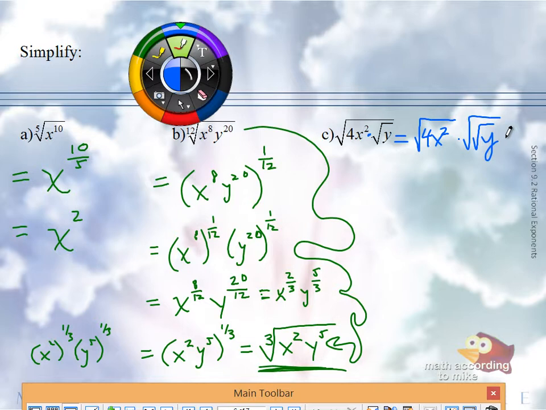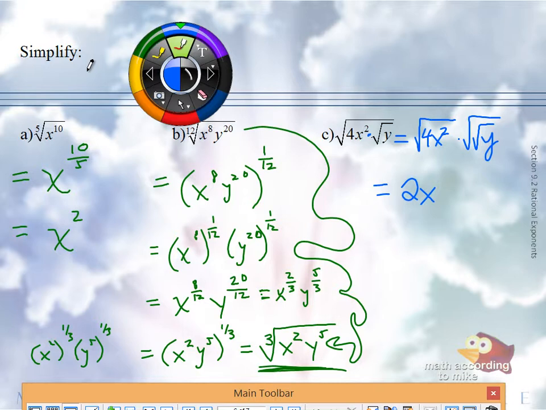The first part of it isn't too bad. What is the square root of 4x squared? 2x. Now, even though the directions say simplify, I should have in there assume variables, blah, blah, blah. We're going to assume the variables are positive, so we don't need absolute values here.